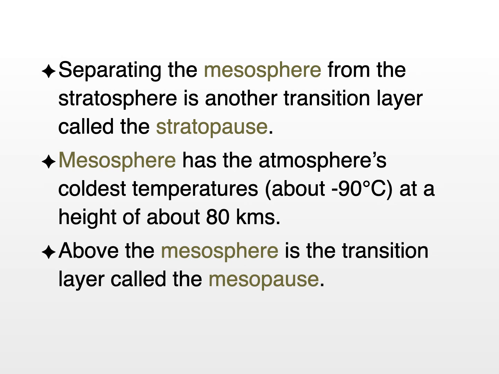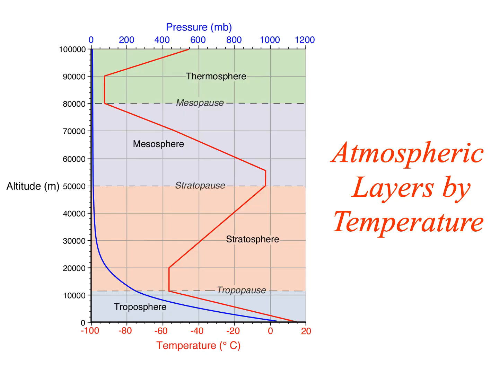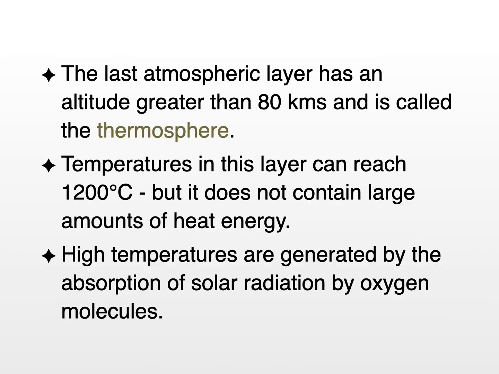Above the mesosphere is another transition layer, called the mesopause. Now, the last layer, according to temperature, is the thermosphere. It has an altitude greater than 80 kilometers, and slowly it becomes less and less thick with gas molecules as it blends into space.